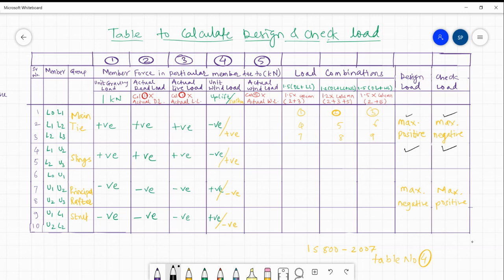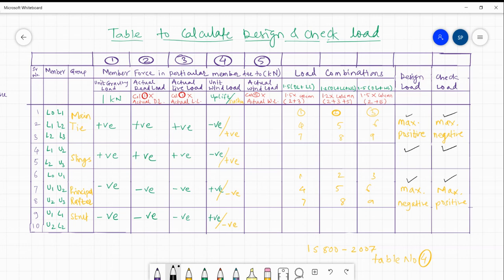Similarly, when you are designing the principal rafter and strut, you again get 9 values for the principal rafter. Out of these 9 values, whichever is maximum negative is going to be your design load, and the maximum positive is going to be the check. Why so? Similar to the tension member, the compression member has to sustain compressive forces throughout its lifespan.